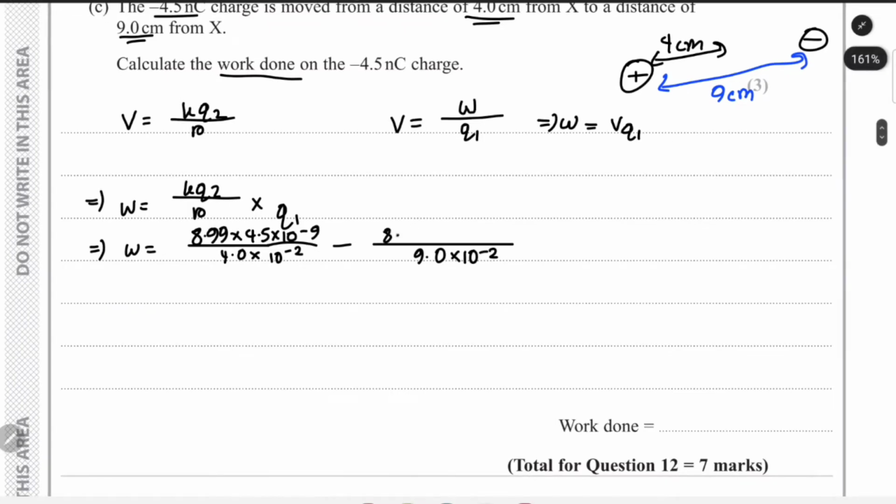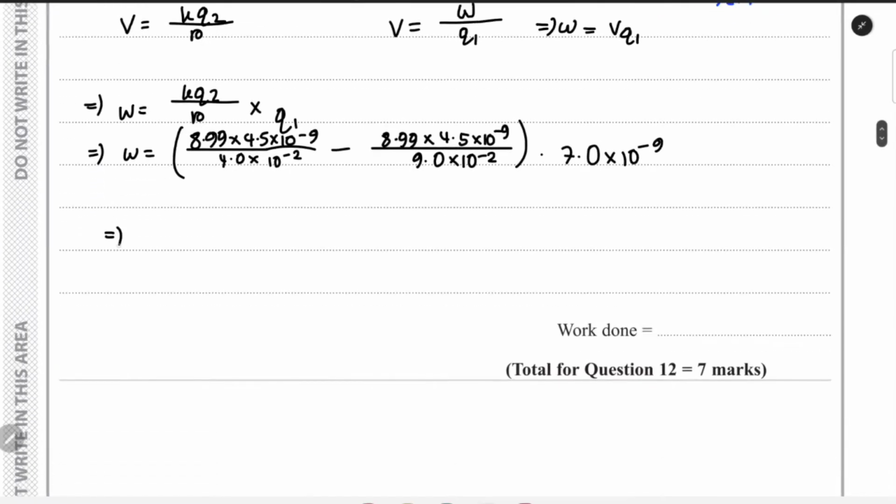On the numerator I have 8.99 into 4.5 into 10 to the power minus 9. I multiply this change with Q1, which is 7.0 into 10 to the power minus 9. If I calculate this, I get a value of 3.93 times 10 to the power minus 6 joules.